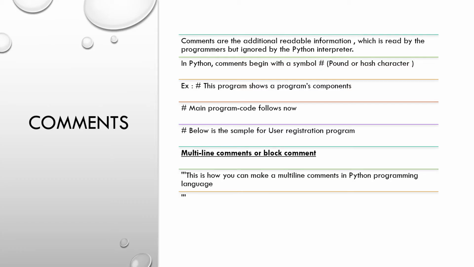The first and foremost element in your code would be proper comments about your code. Comments are additional readable information which is read by the programmers but ignored by the Python interpreter. In a real-time situation, where two people are working together to build a module, there is a chance the same file or function can be touched by both developers.